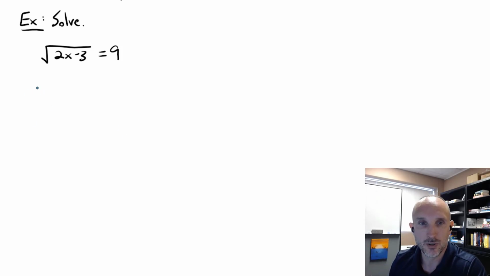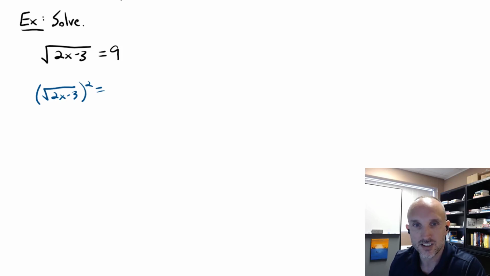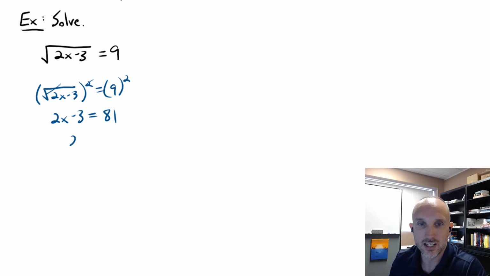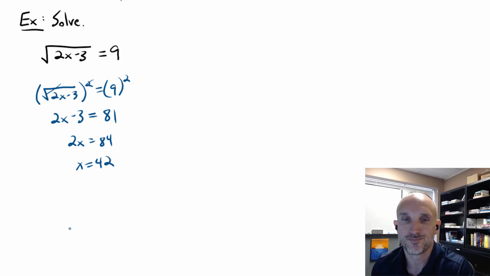So what I'm going to do is take both sides of this equation to the 2nd power. And now my square undoes the square root. So I get 2x minus 3 equals 81. So I can add 3 and then divide by 2 to see that I get 42.